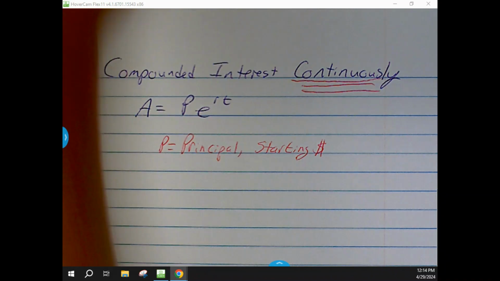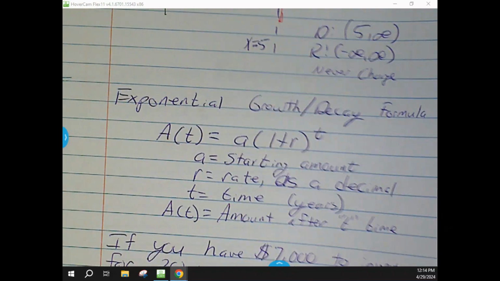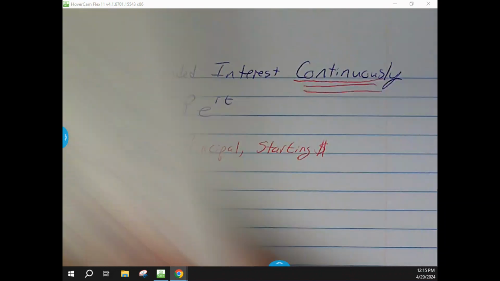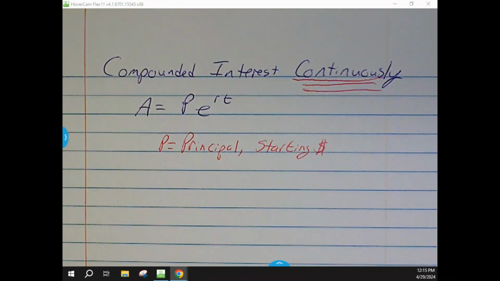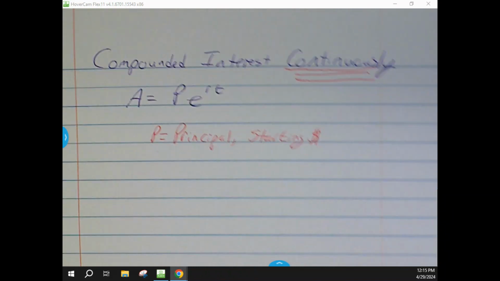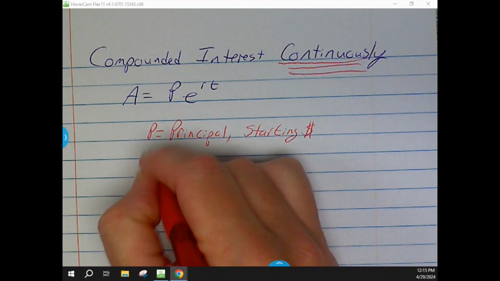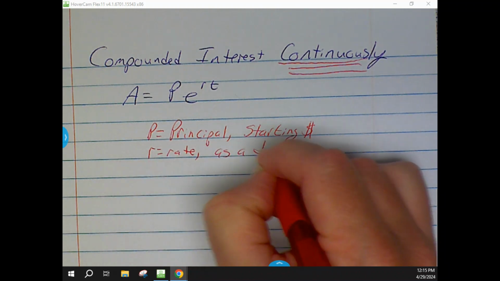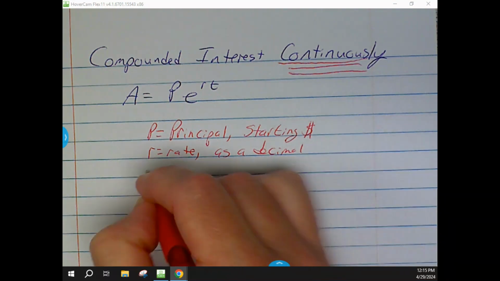So the other formula back here could be money, could be growth, could be spores of bacteria if you're in science. It could be anything you want it to be. This one, it's always just money. Again, R is your rate as a decimal, and T is time.